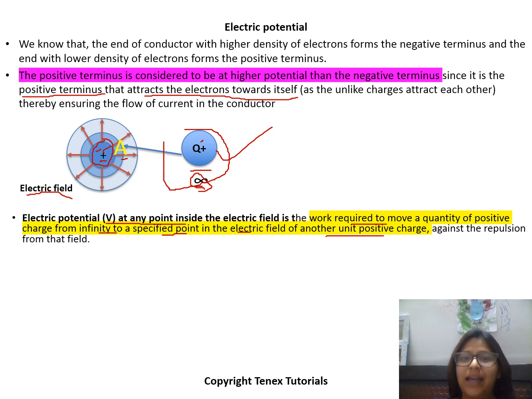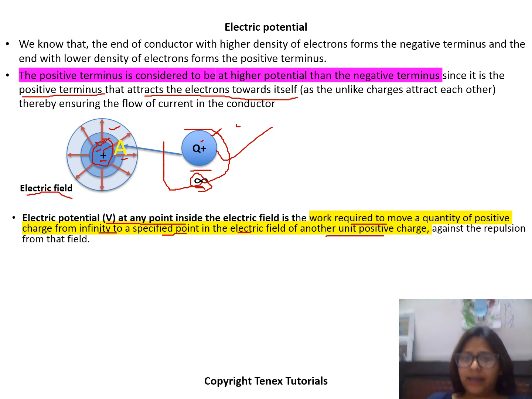So guys, electric potential is equal to the ratio of the work that is done in bringing this particular charge inside the electrical field of another unit positive charge. And obviously, if you are trying to bring the positive charge inside the field of another positive charge, we'll have to do certain work against the repulsion. So this is what is electrical potential.